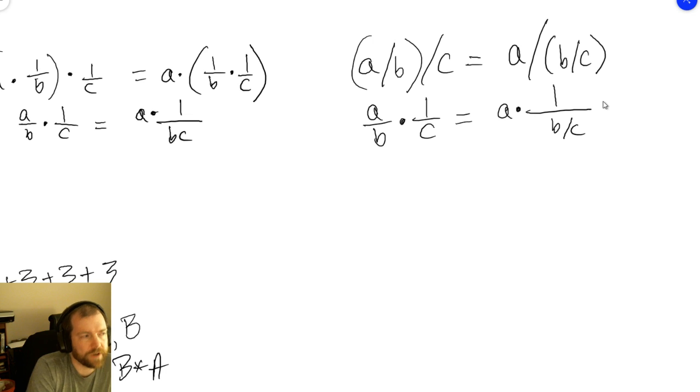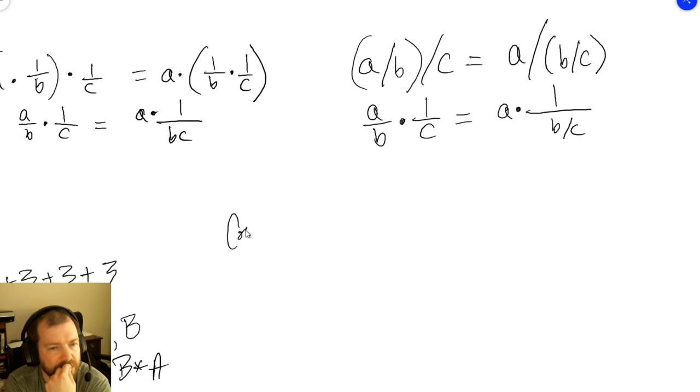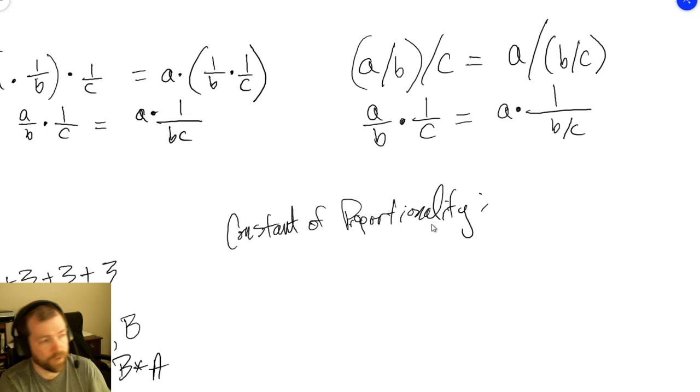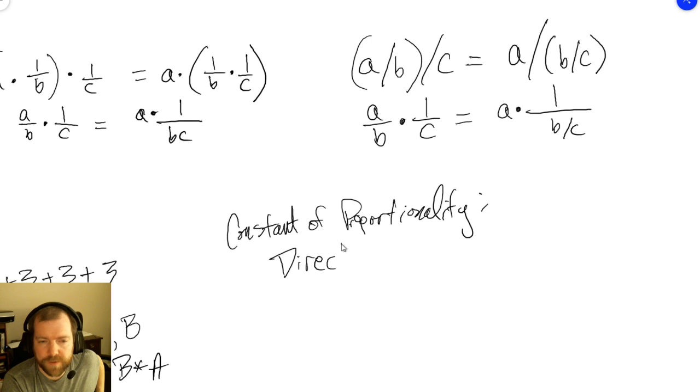Constant of proportionality. That depends on what you're thinking of, or what property we're trying to use here, but correct me if I'm wrong, I think what you're looking at is direct relationships.